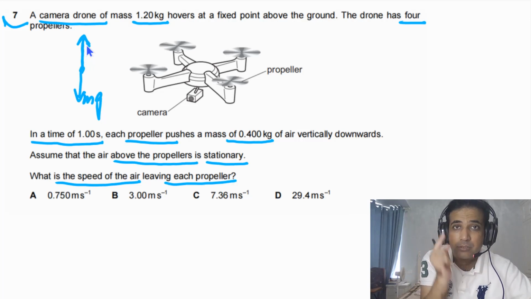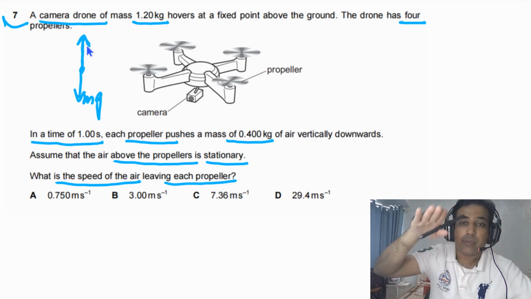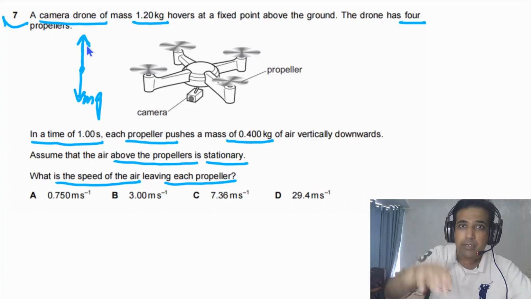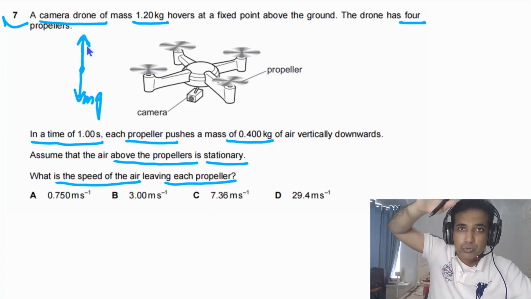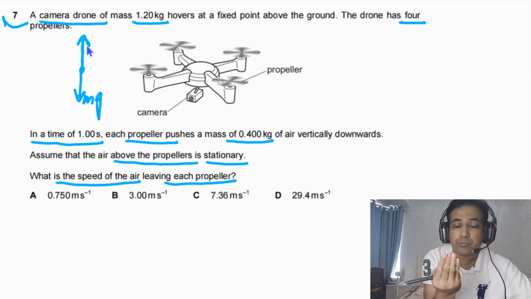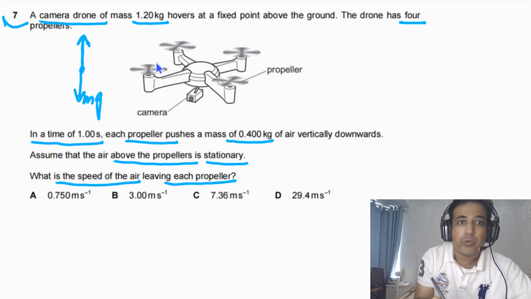Very important point, even you can answer this question. The concept you need to understand is why the drone is at one point and stationary, it's not moving vertically up and down. Because the drone is pushing on the air in downward direction and as a reaction air is pushing on the drone in upward direction, that's the reason it is not falling.